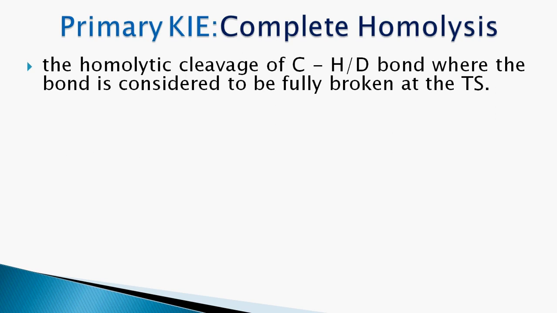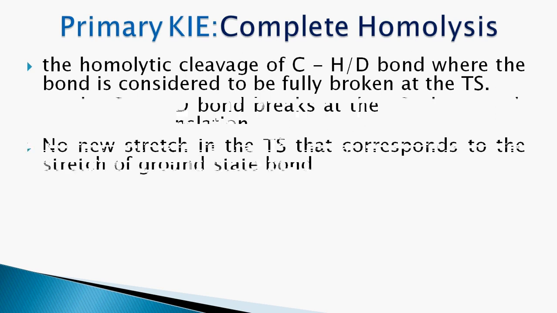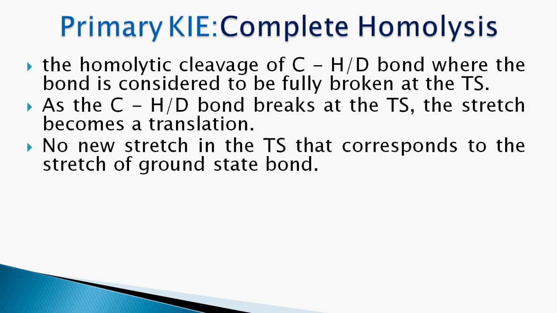It means the reactants have vibrational frequencies for the CH as well as CD bond, but the transition state won't have any corresponding vibrational mode for the CH and CD bond because these bonds break at the transition state. So stretching or vibration becomes a translation. As a result, there is no new stretch in the transition state which corresponds to stretchings of the ground state bond.